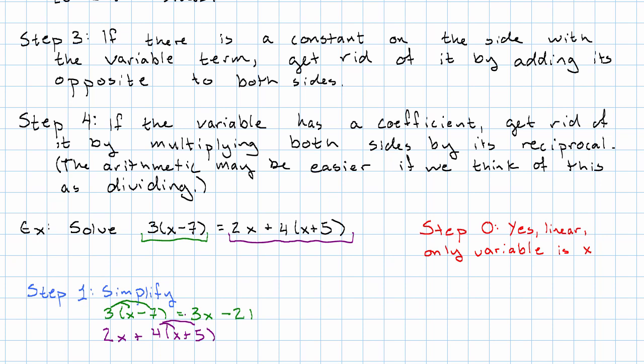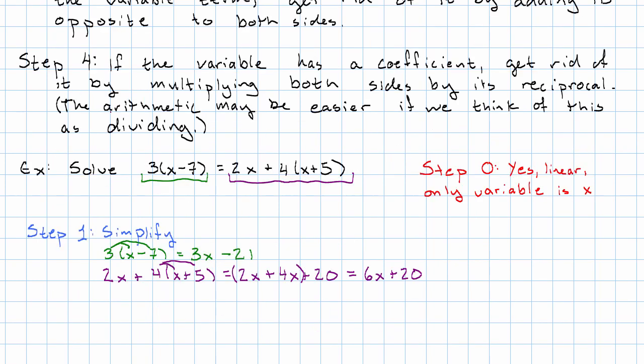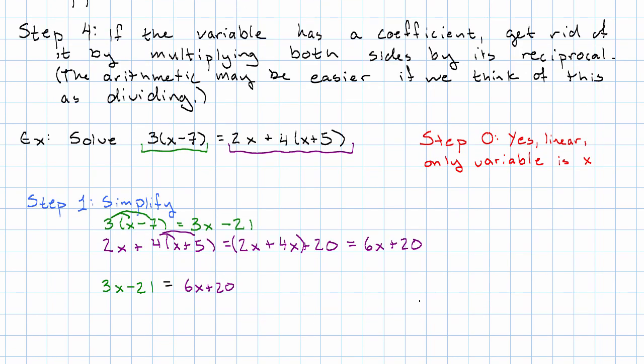Using the distributive property gives us 2x plus 4x plus 20. And now combining like terms gives us 6x plus 20. Putting these back together, we have 3x minus 21 equals 6x plus 20.